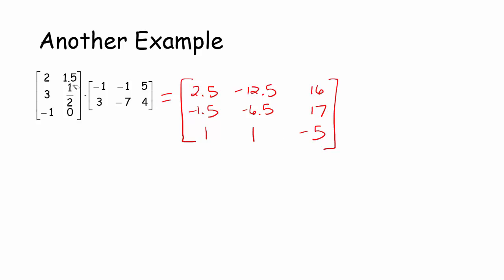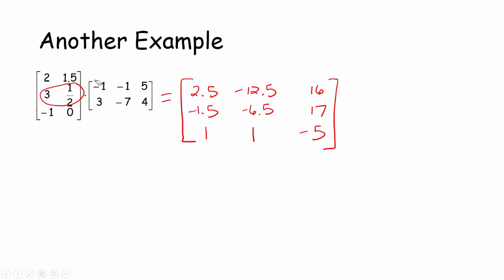So why don't you go through now, maybe pause the video, and make sure you know how to fill in the rest of the entries. So we'd be taking the second row here, and then you're going to work through all of the columns one by one. So if we do the second row in the first column, multiply the corresponding entries, add them together, that's going to go in the second row, the first column.